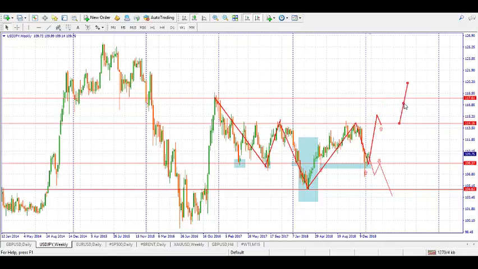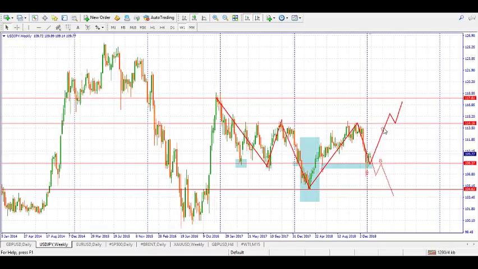So basically this could be a very good sign that we are likely to continue higher. We are likely to proceed upwards from this point here, up to this point here, which has to be broken, then a retracement so that you can buy it even higher.